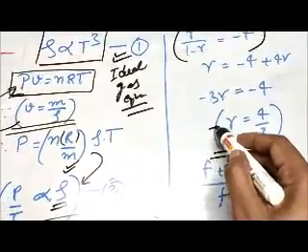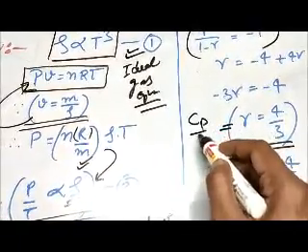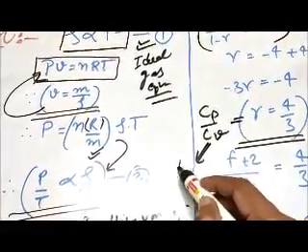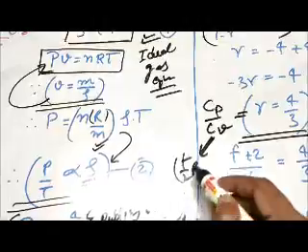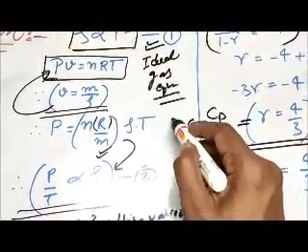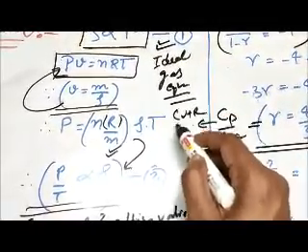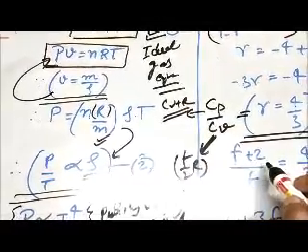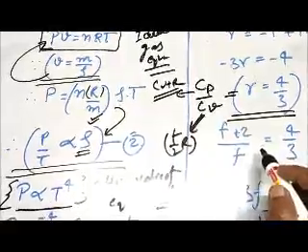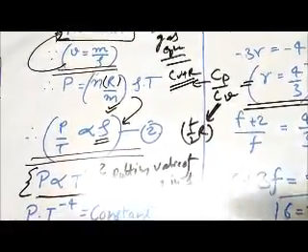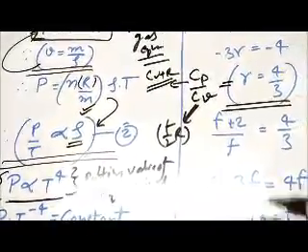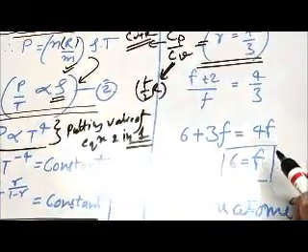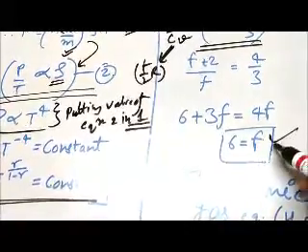And as we know, gamma is always Cp by Cv, and Cv is equal to F by 2 into R, and Cp is equal to Cv plus R. So after putting those two values, we will get (F by 2 plus 1) upon F by 2, and if we multiply the numerator and denominator with 2, then we will get (F plus 2) upon F equal to 4 by 3. After solving, we will get F equal to 6.